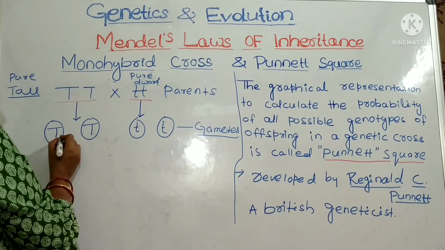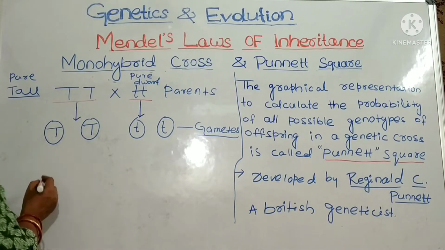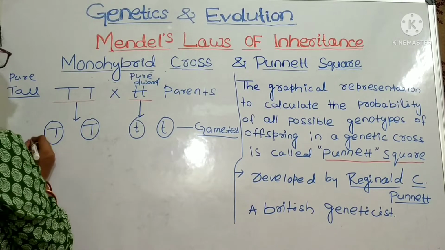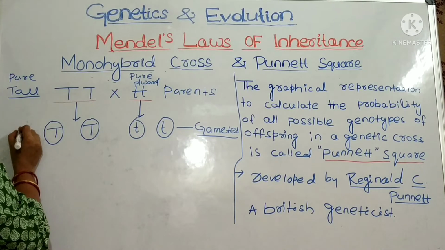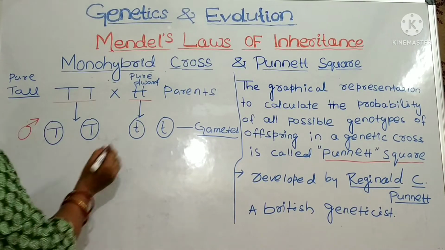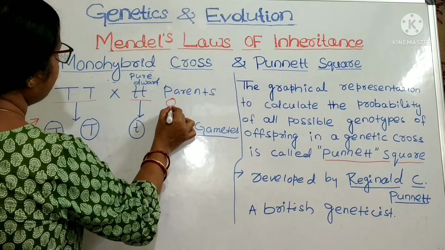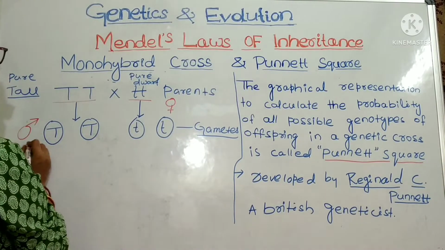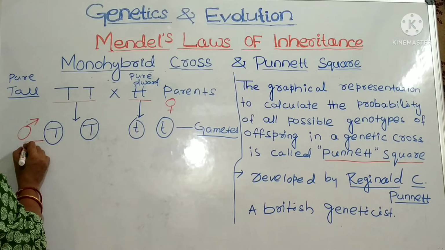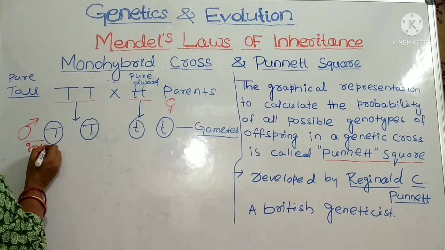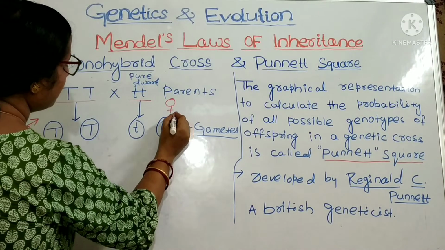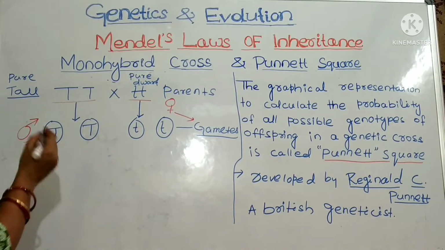Suppose these are two gametes, and suppose this is the male parent and this is the female parent, and these are the male gametes and these are the female gametes.